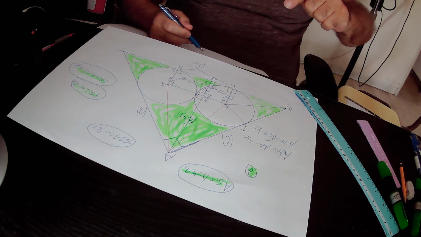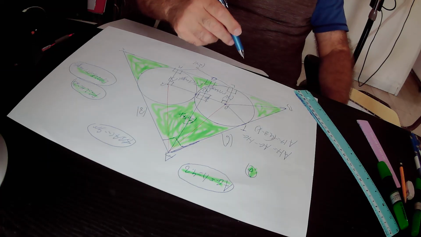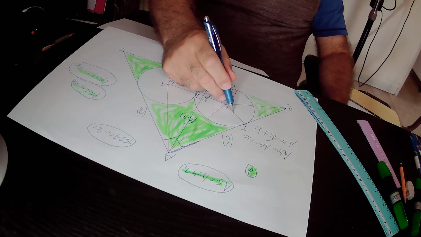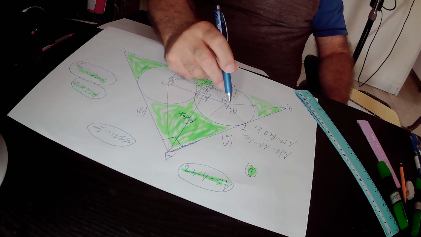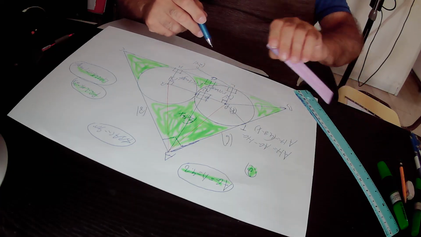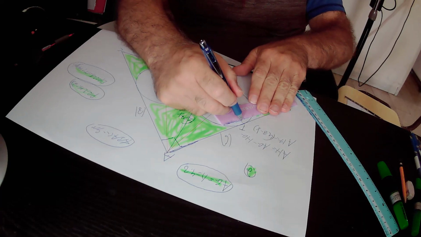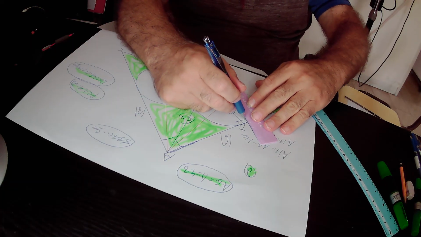Point P is the center of the circle, point T is a point on the circle itself, therefore PT is the radius of the circle, equal to x. T is the point of tangency of tangent BA with this circle, and therefore according to rule 1, this angle equals 90 degrees, and this angle also equals 90 degrees.